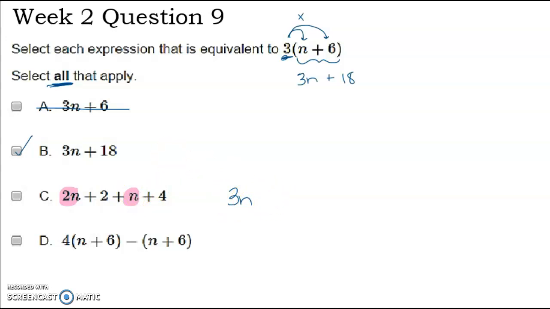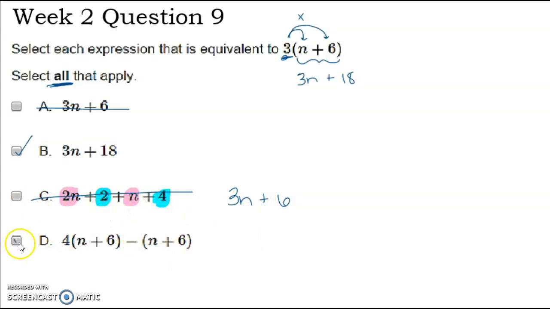On the other side, we have this 4 and this 2. If they are just numbers, why couldn't we just do 2 plus 4 and combine them? That would be 6. Once again, that shows this is not right, because we already determined that 3n plus 6 wasn't it.